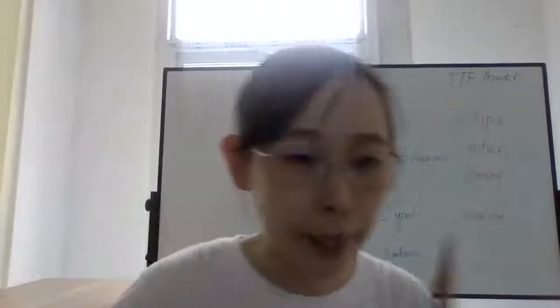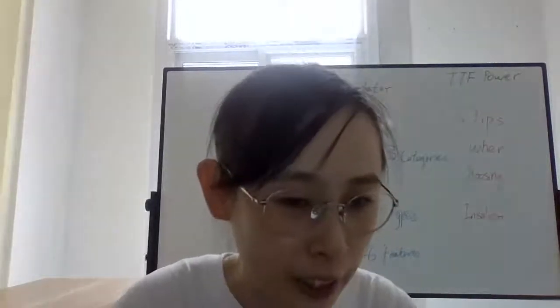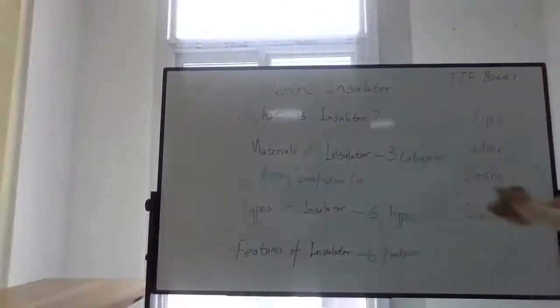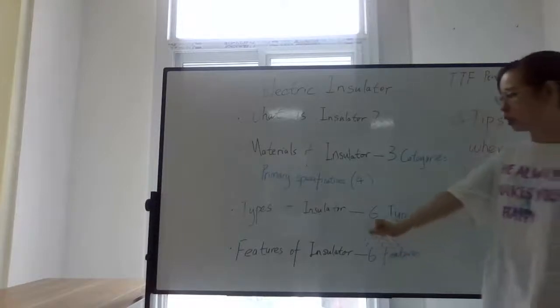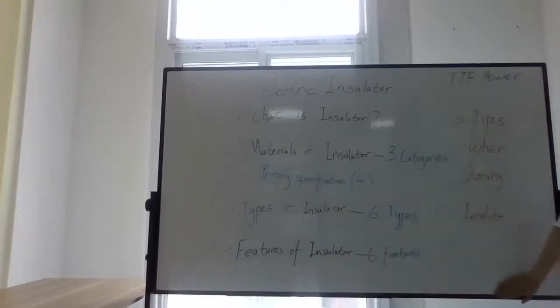Yes, they are pin insulators, post insulators, stay insulators, suspension insulators, string insulators, and shackle insulators. Yes, they are very clever. Then I talk about 6 features of the insulators. And the last part, the very important part, I give you 6 tips when choosing insulators.